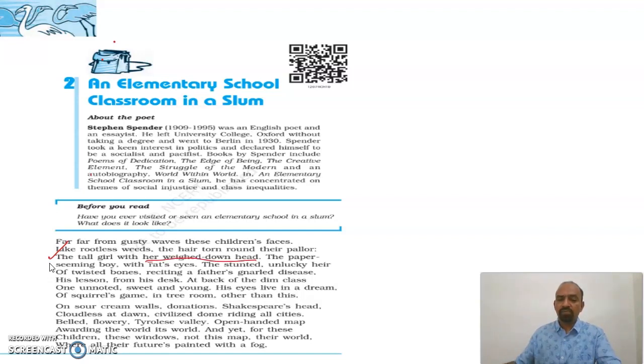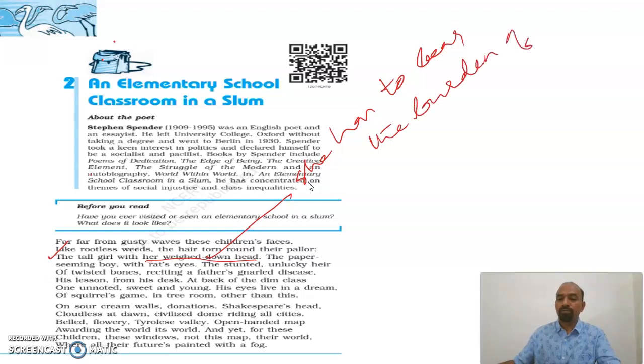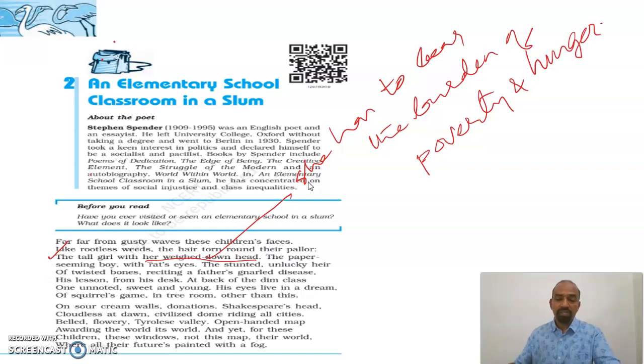The reason for the weighed down head of this tall girl should be she has to bear the burden of poverty and hunger. This may be the reason why the girl's head is bent down.